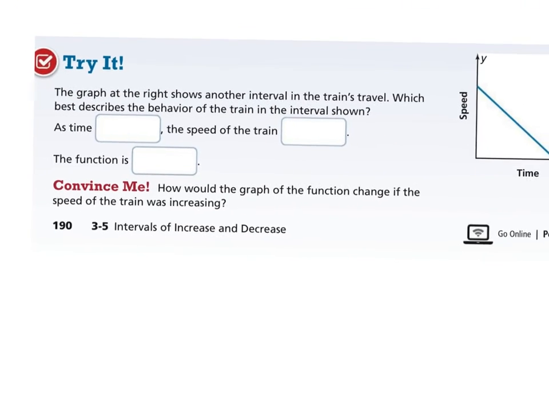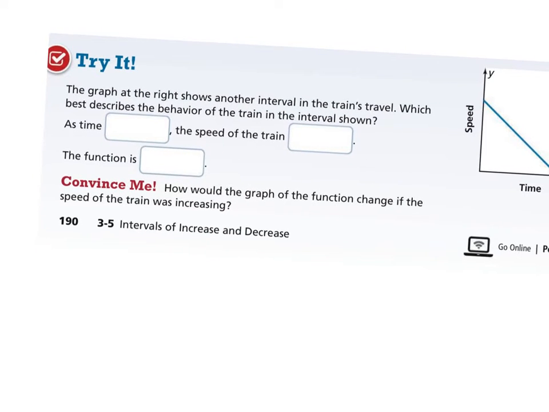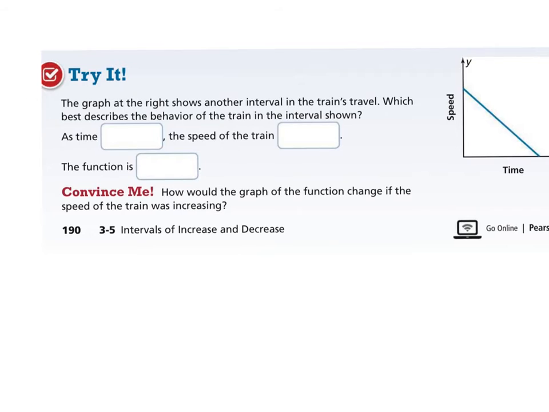So this one, if we look at this graph, we're going to talk about is time increases or decreases. Well, time increases. Time doesn't decrease that I've seen. Okay, so as the time increases, the speed of the train decreases.